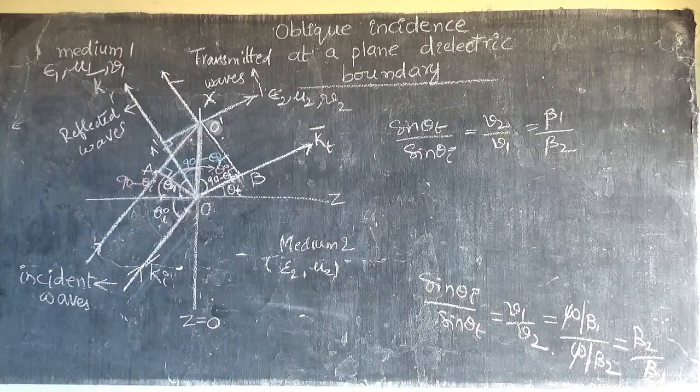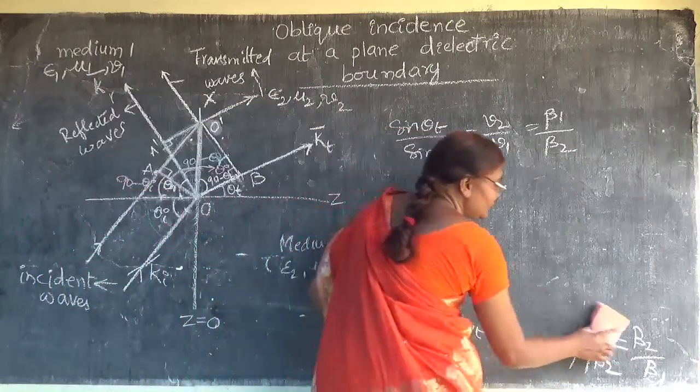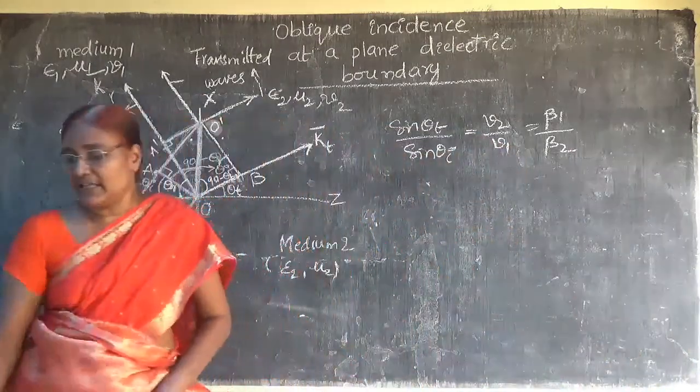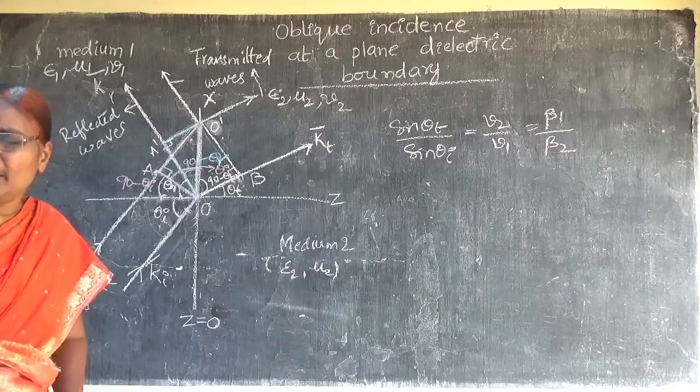Next thing, but there is a definition which is called refractive index. What is the refractive index? Refractive index will depend upon the velocities of the wave traveling in a medium.